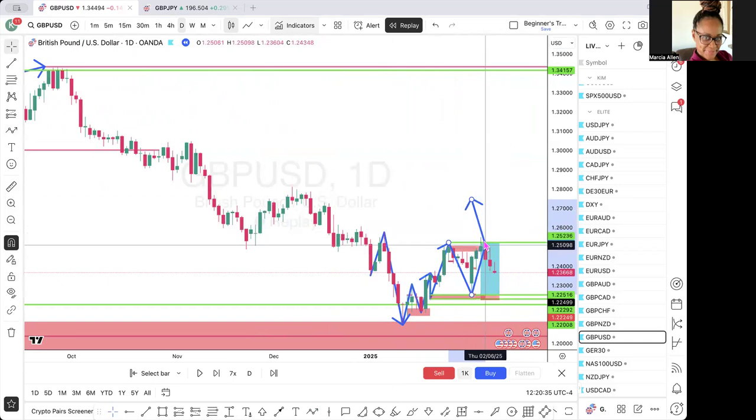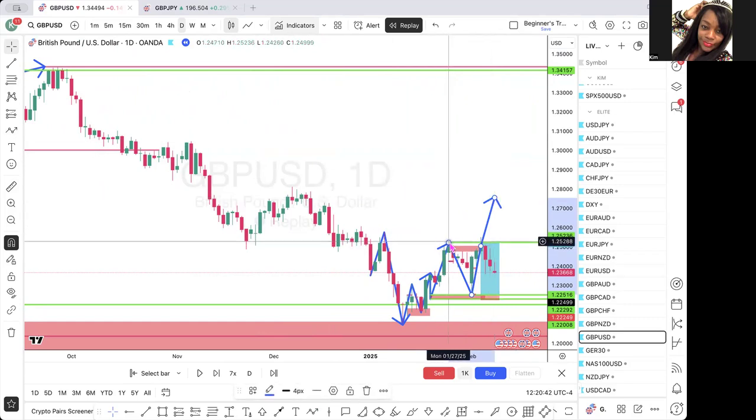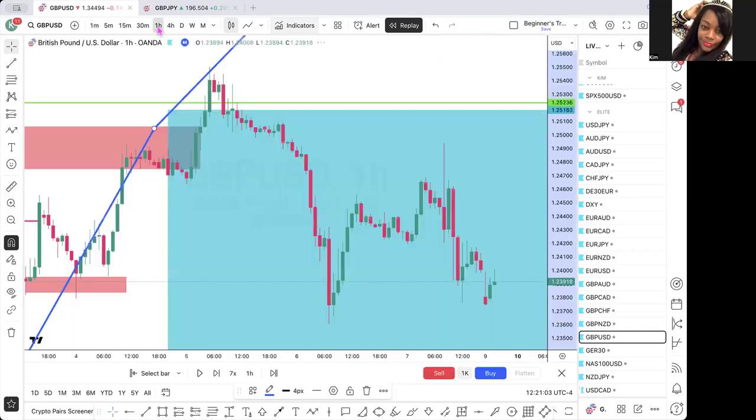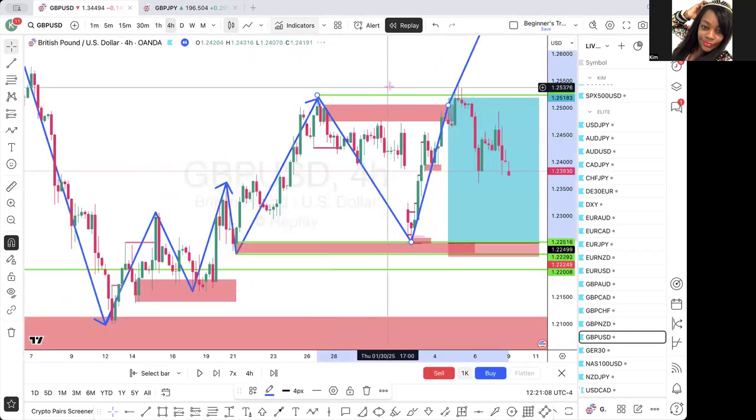And although I don't trade breaks of wicks, I don't trade the high, because I'm trading from the 4 hour and a 1 hour, that is considered a break of structure to me once that candle closes. As you can see, on the 4 hour it didn't close. But on the 1 hour, it did. Because that's usually where I'm sitting. That's what I need to see.